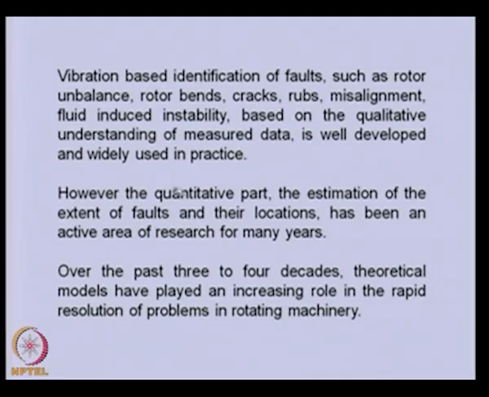However, the quantitative part, the estimation of the extent of the fault and its location, has been an active research area for many years. So, qualitatively we can detect the fault, but quantifying it is still a research area. Over the past 3 to 4 decades, theoretical models have played an increasing role in the rapid resolution of problems in rotating machinery.